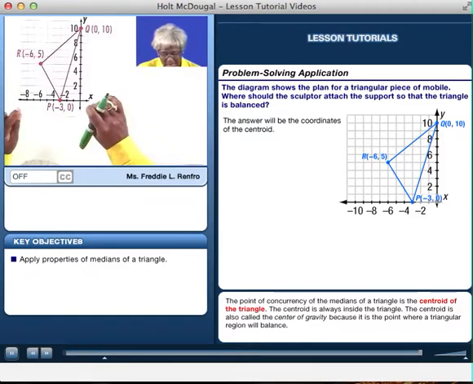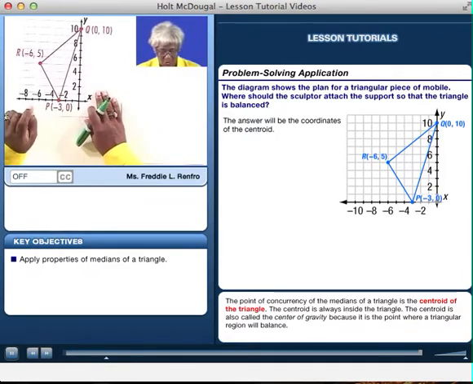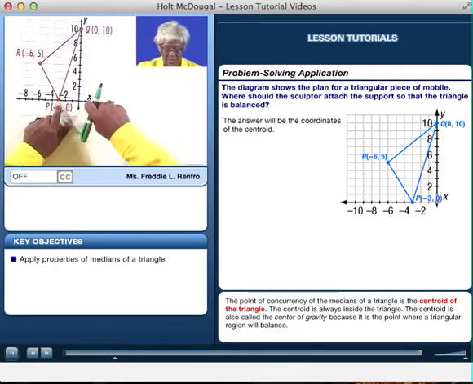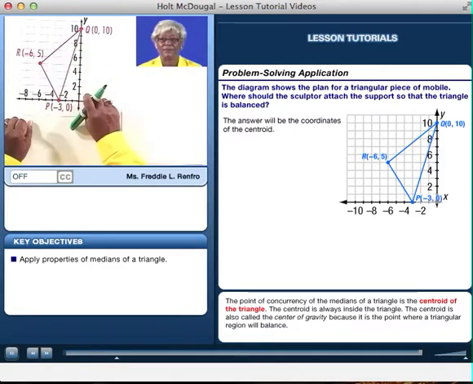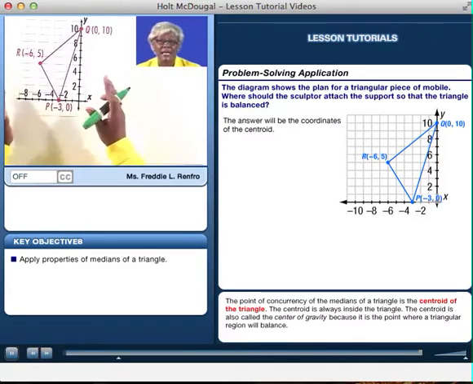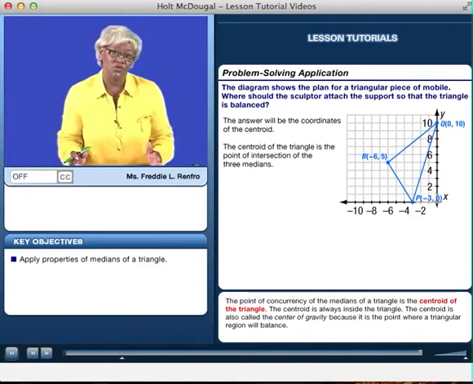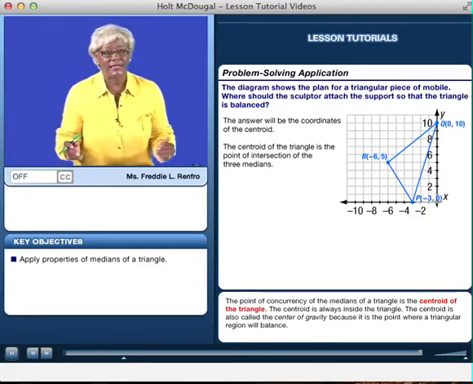A median is a segment that has its endpoints at one vertex and the midpoint of the opposite side. And if we can find where those three medians intersect, then that would be the centroid, also called the center of gravity.